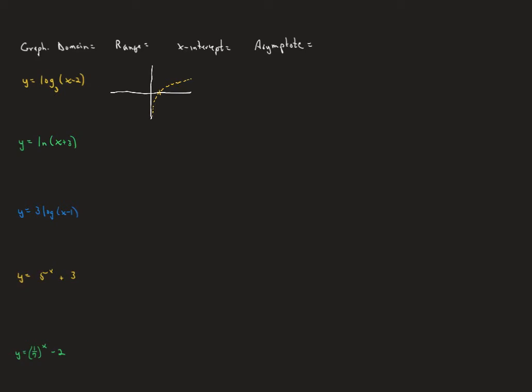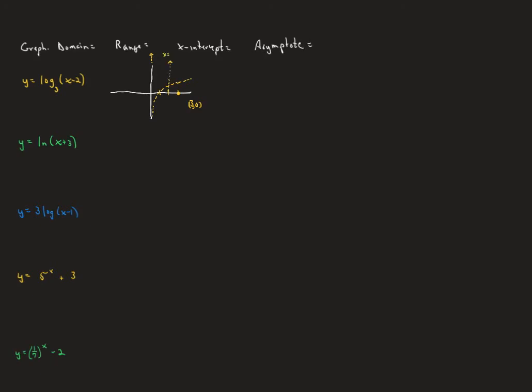The x minus 2 is going to translate everything 2 to the right. So I'm going to stay with the yellow, I think. If we go 2 more to the right, that's going to make the x-intercept be 3, 0. It's going to move that vertical asymptote from x equals 0 to x equals 2.